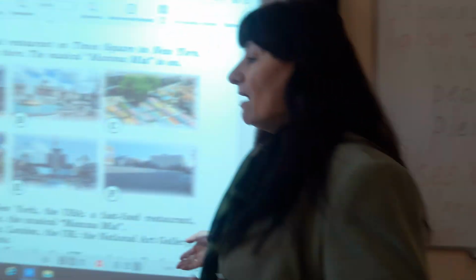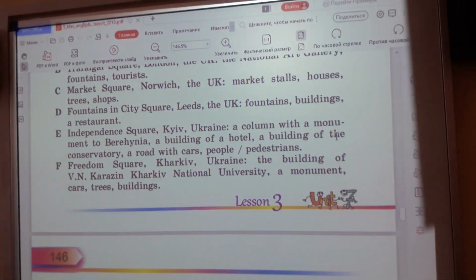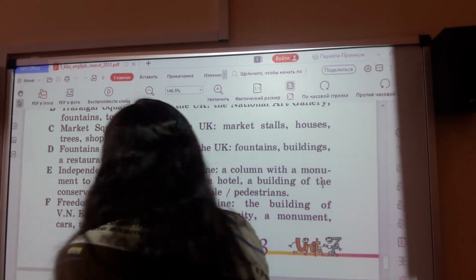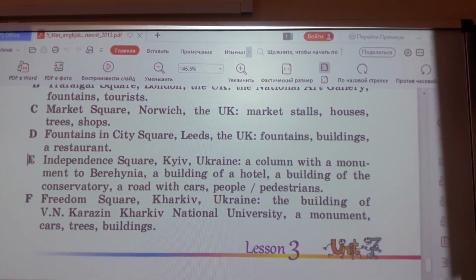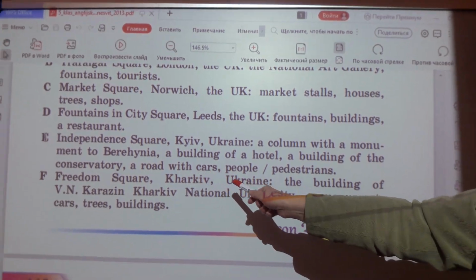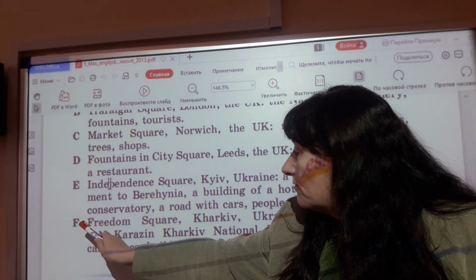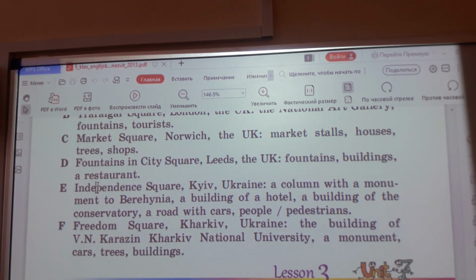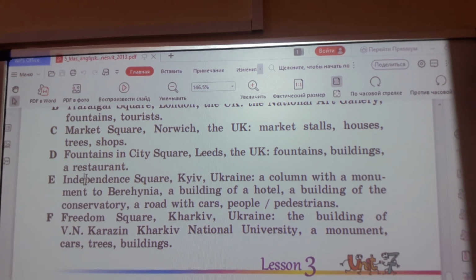This was the example. So, at home, you are going to do point E about Independence Square and Freedom Square in Kharkiv. So, Independence Square and Freedom Square, two squares in Ukraine.